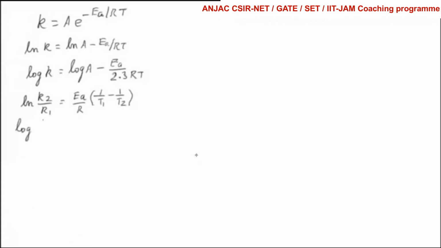In the common logarithm, it becomes log K2 by K1 equal to EA by 2.3 R into 1 by T1 minus 1 by T2. There is one more form, the differential form, that is, differentiating this.